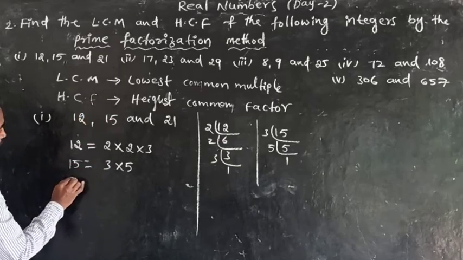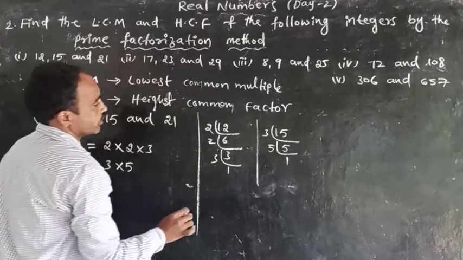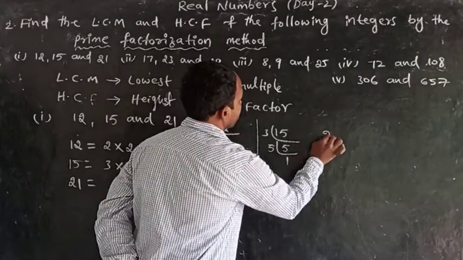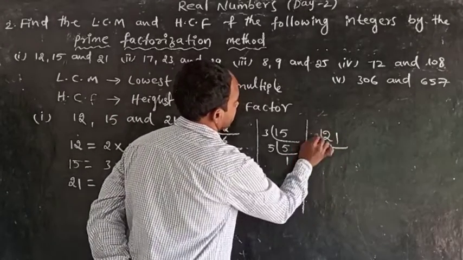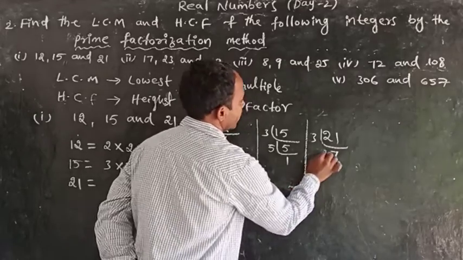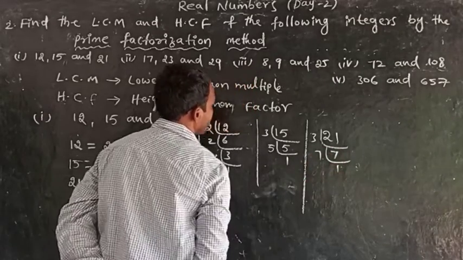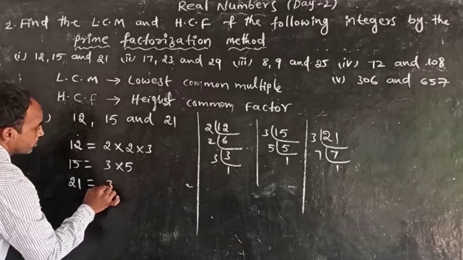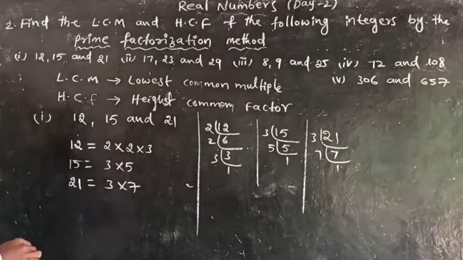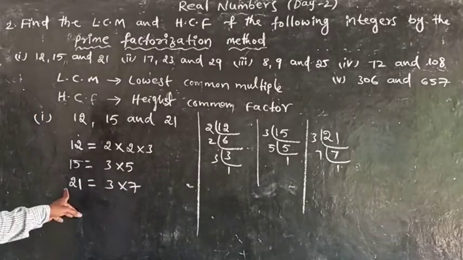Similarly, one more number, 21. 3 sevens are 21, and 7 ones are 7. So 3 into 7 is the product of the prime factors of 21.